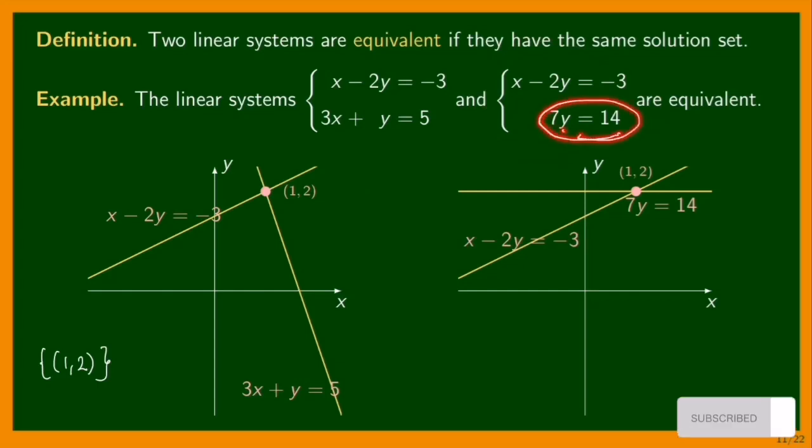From there, we can work on the first equation, substitute y equals 2, and solve for x, which is 1. Unlike here, where we have to do some elimination or substitution, etc. This manner of solving, where you solve y first and then substitute upward to solve for x, we call back substitution.